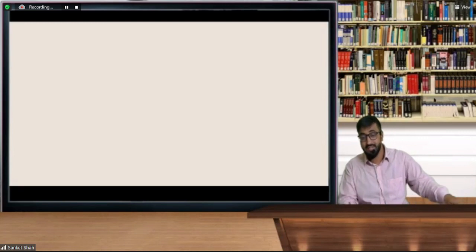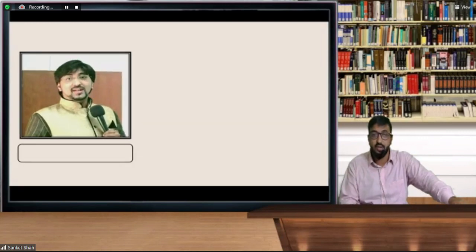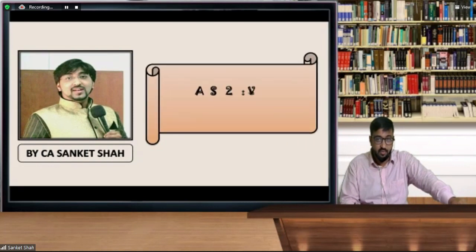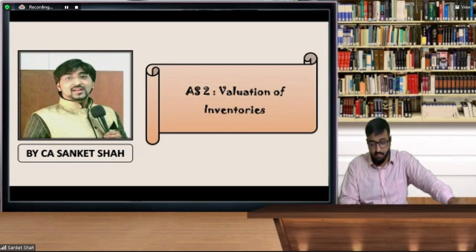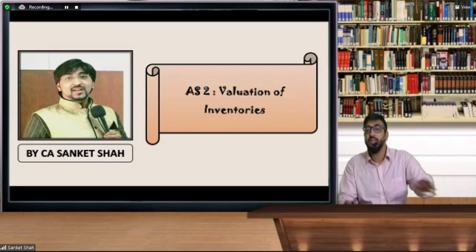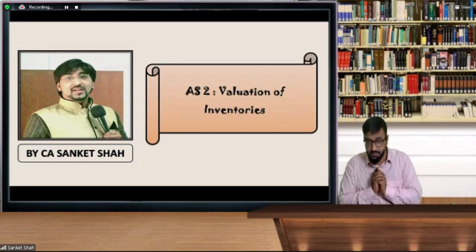So now let's start with accounting standard 2, that is inventory valuation. So friends, before studying any accounting standard, first you have to understand whether it is an accounting standard or a disclosure standard. What is the difference?